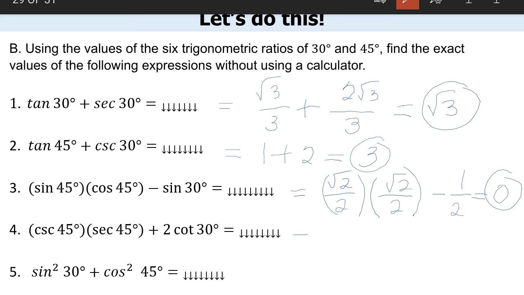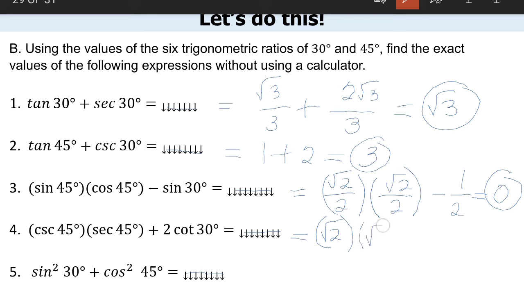So for number 4, by the way, please ignore these arrow downs because in my PowerPoint presentation, this represents blank or line, but it looks like arrow down here. So next is cosecant 45. What is cosecant 45? Cosecant 45 is equal to square root of 2 times secant 45 is again square root of 2.